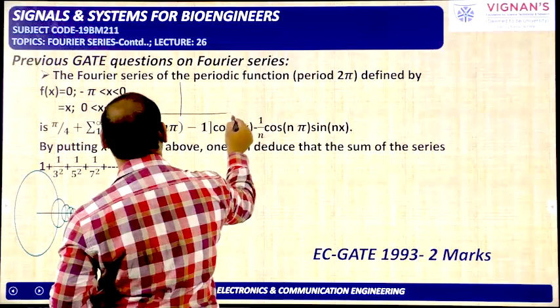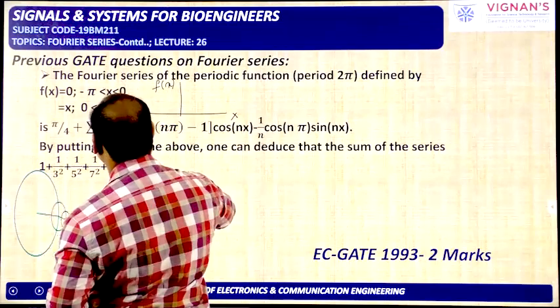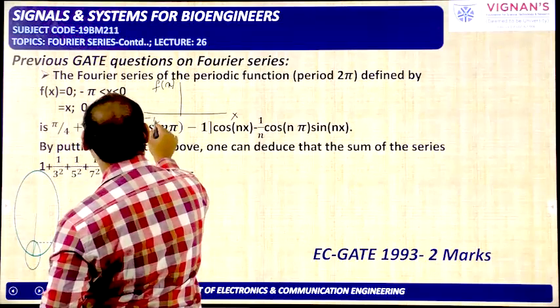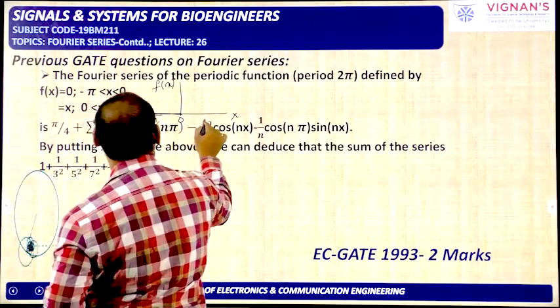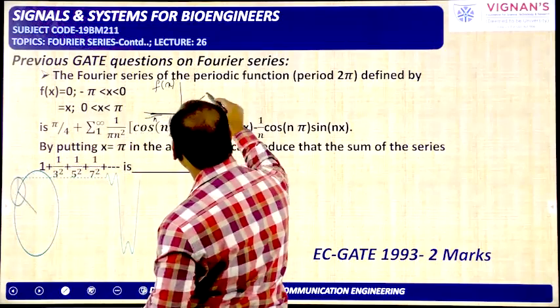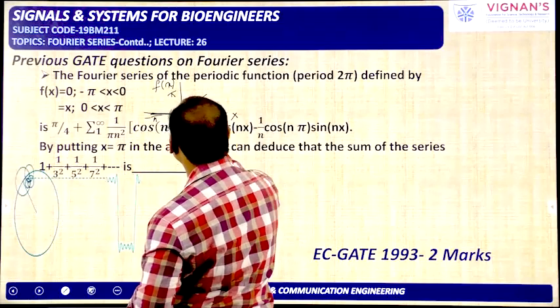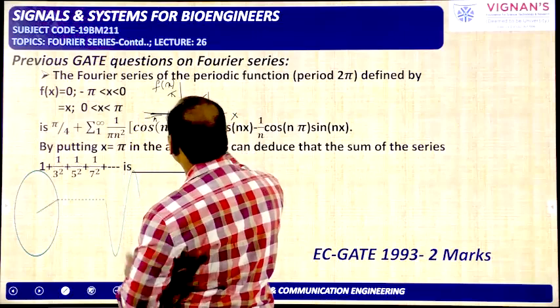The independent variable is x and the dependent variable is f of x. When x is changing from minus pi to 0, the amplitude is 0. When x is changing from 0 to pi, the amplitude is x only. That means how x is changing, in the same manner f of x is also changing. So this is one period.